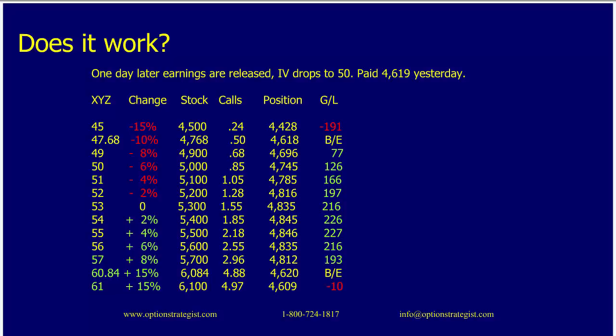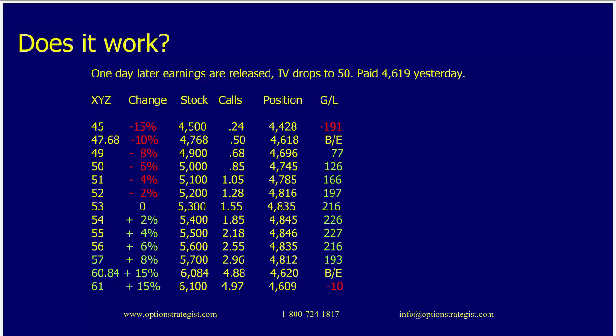So if the stock drops that 15%, we're going to lose $191. That's a pretty big drop, though, 15%. The break even, that's why I have the odd prices for the break even. If the stock drops 10%, I don't know if it's exact, yeah, pretty close to 10. It was 53, right? So yeah, almost exactly 10, a little bit off.